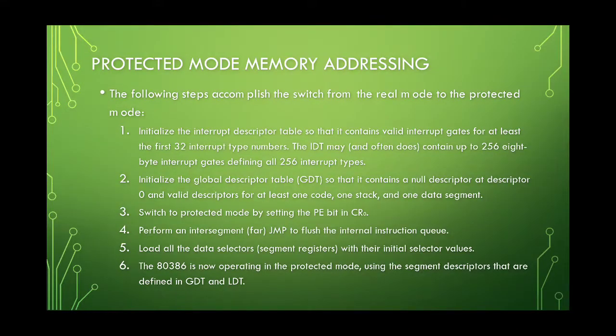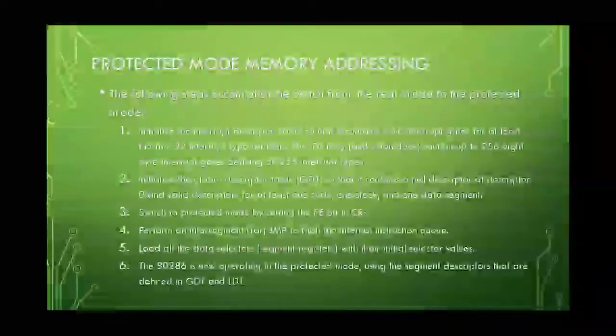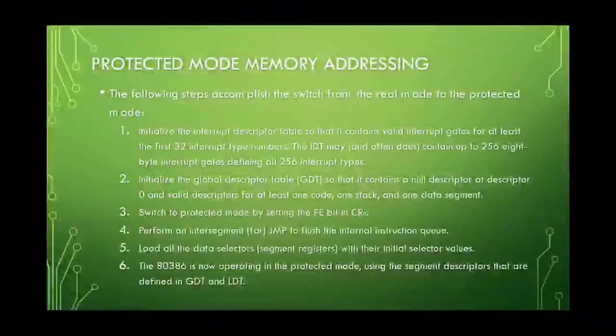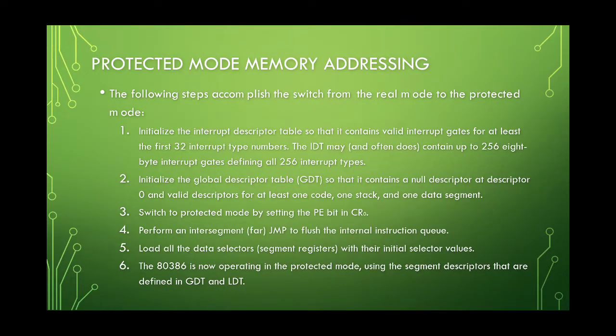By using LGDT, the base address and limit for the global descriptor table will be loaded, and at the time of initialization, the global descriptor table should have a null descriptor at descriptor 0, and there must be valid descriptors for at least one code segment, one stack segment, and one data segment in the global descriptor table.